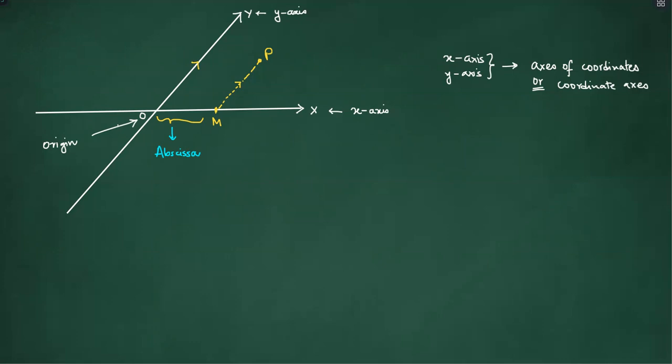And this distance MP that you see over here is known as the ordinate.